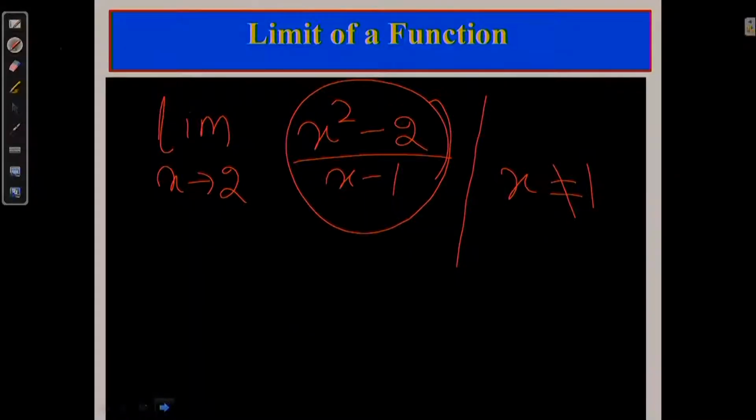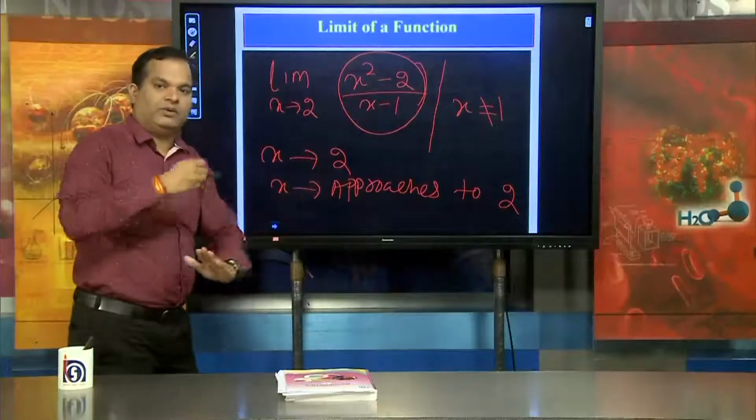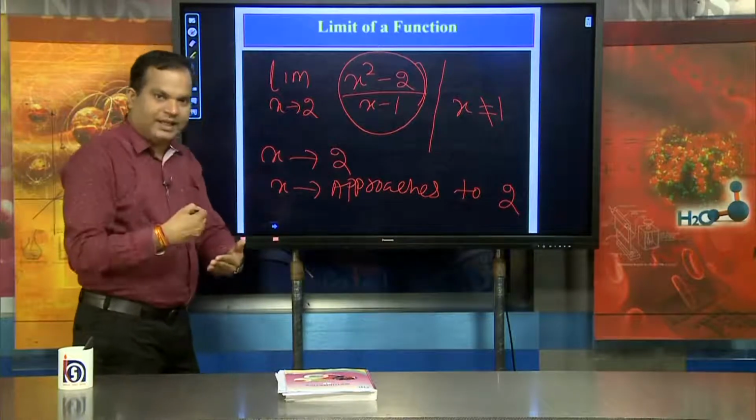When x tends to 2, that means x approaches 2, from the positive direction or from the negative direction.